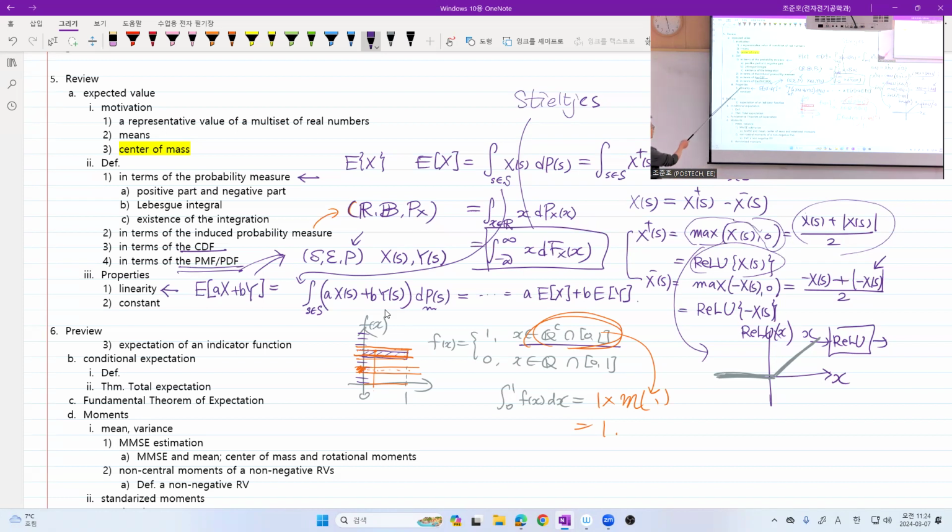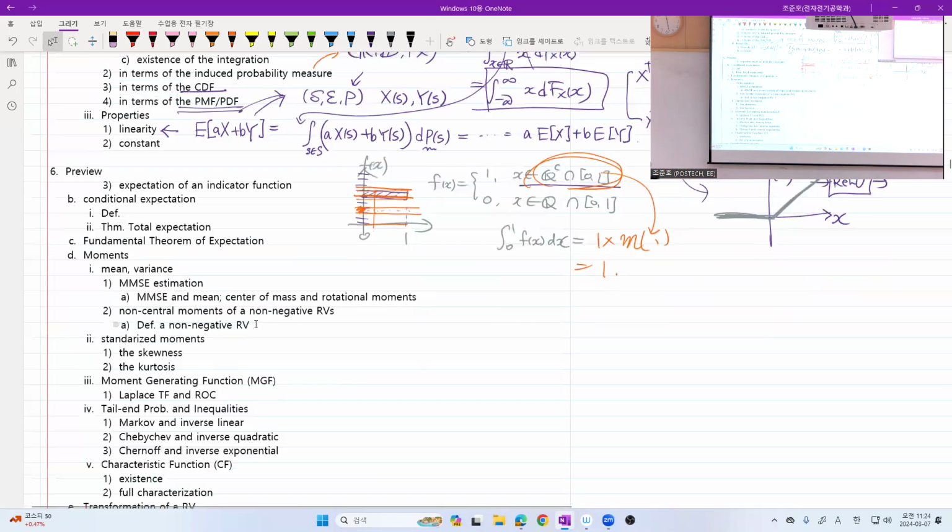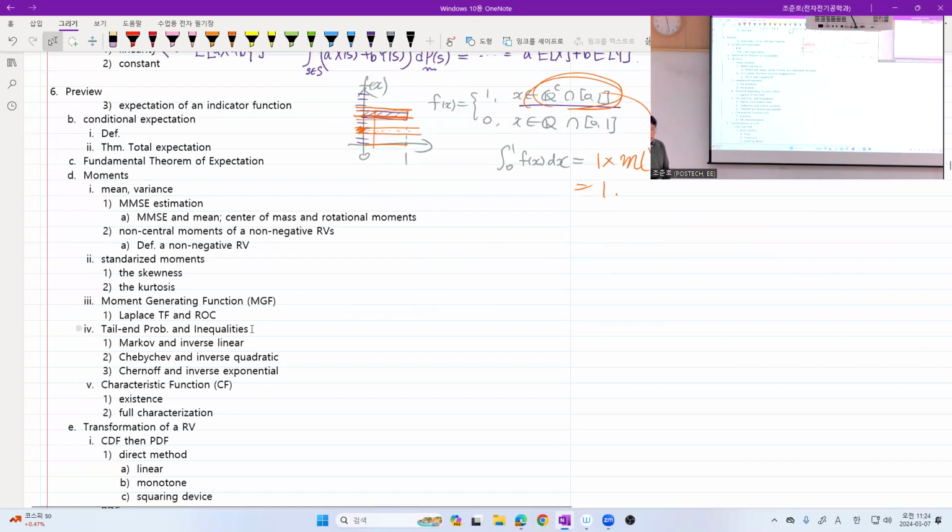We covered the linearity and we covered the special case of expectation. Now here goes the preview. I'm going to use the indicator function again. I told you the indicator function is very useful, and you can make a lot of derivations very simple.